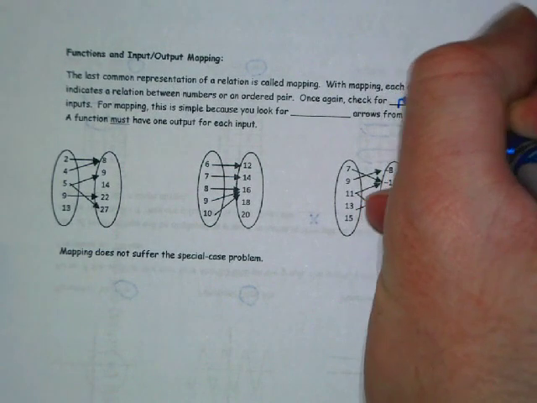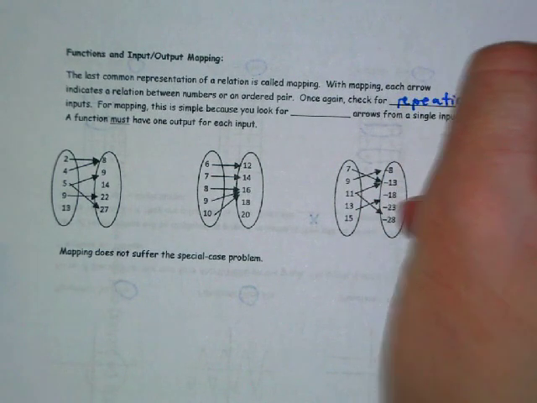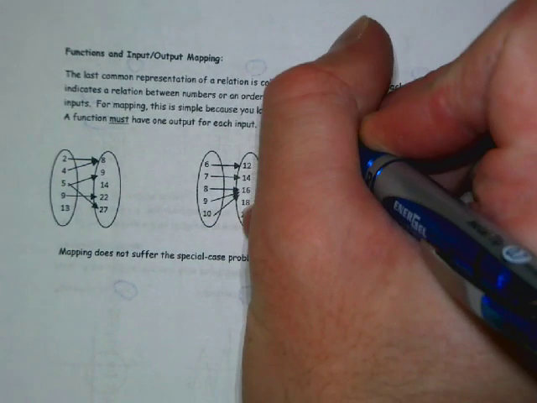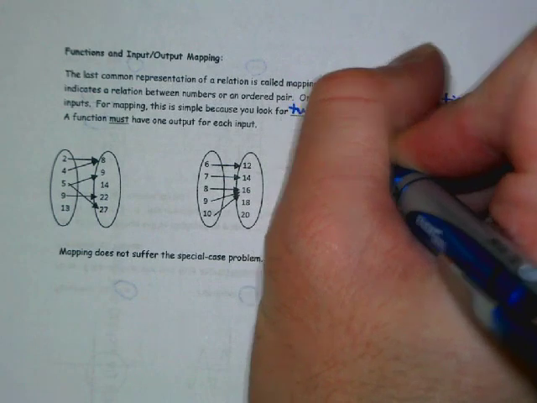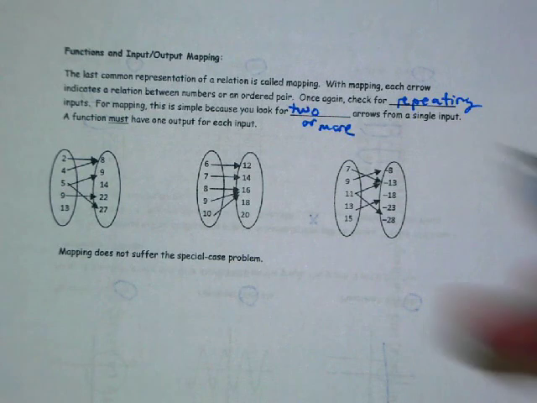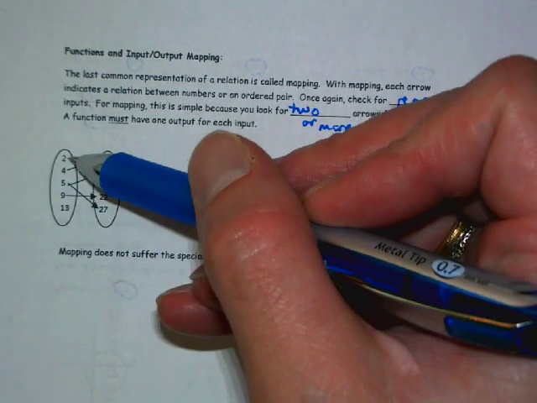Once again, we're checking for repeating inputs. And the way you check that in a map is you look for two or more arrows from a single input, so from a single x. Because if we got two arrows going from the same x, that means we got repeating x's. So that would not be a function.